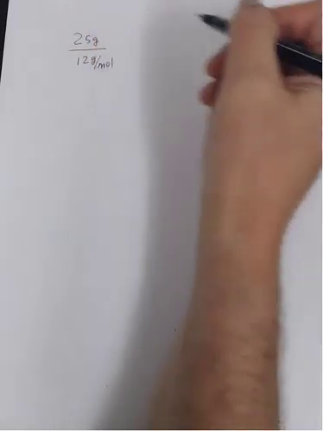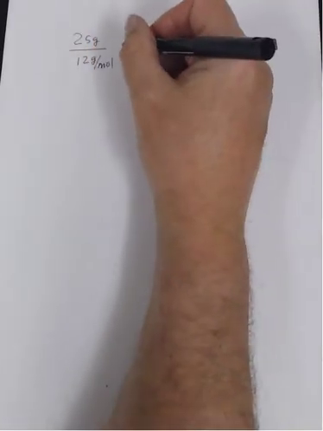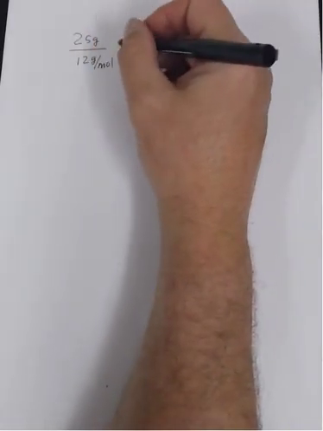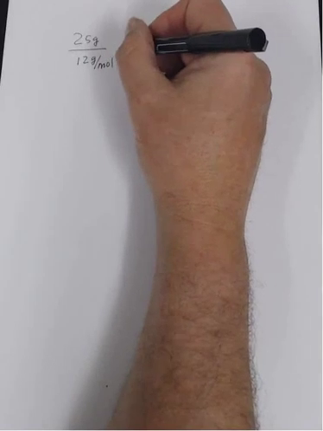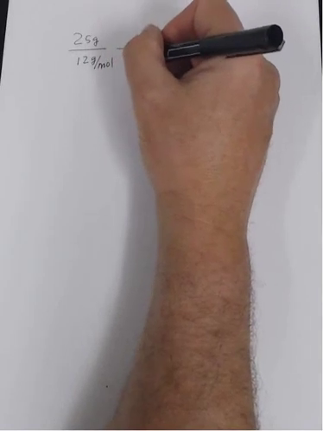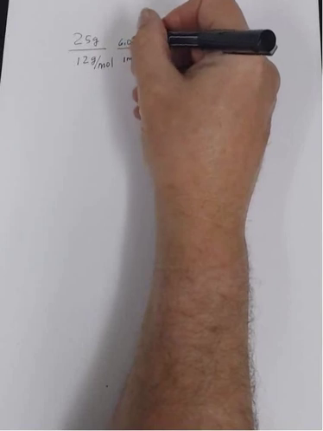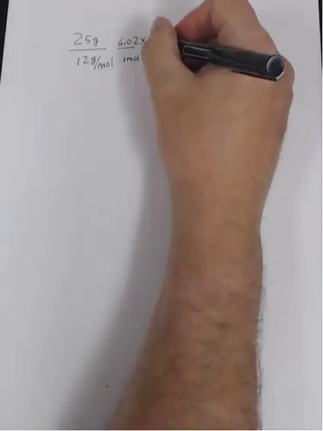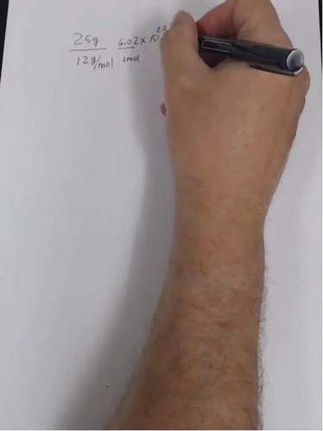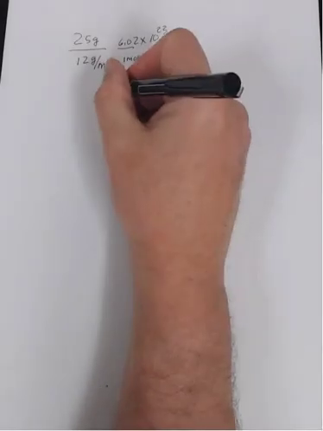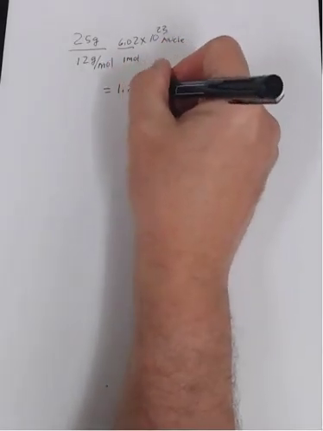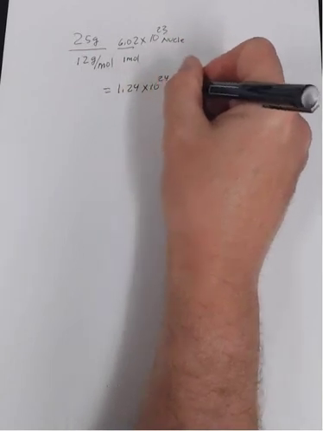It's mostly carbon 12. So this will tell you the number of moles you have. And then 1 mole is 6.02 times 10 to the 23 nuclei. So this gives me 1.24 times 10 to the 24 nuclei, if I did this right.